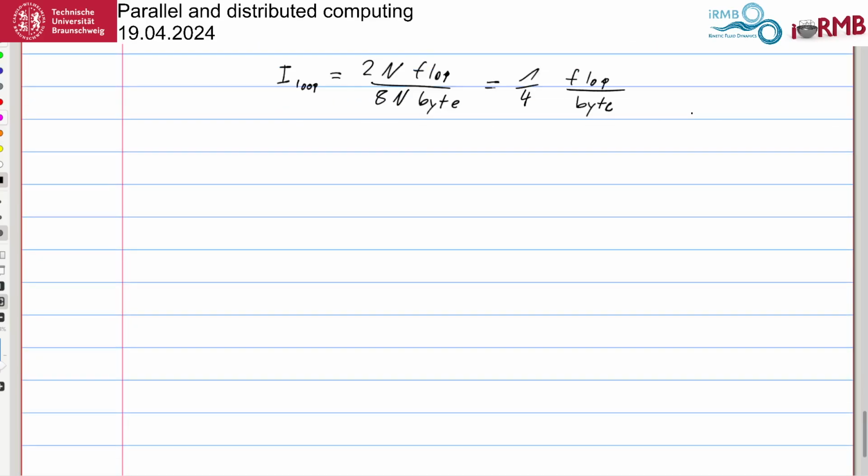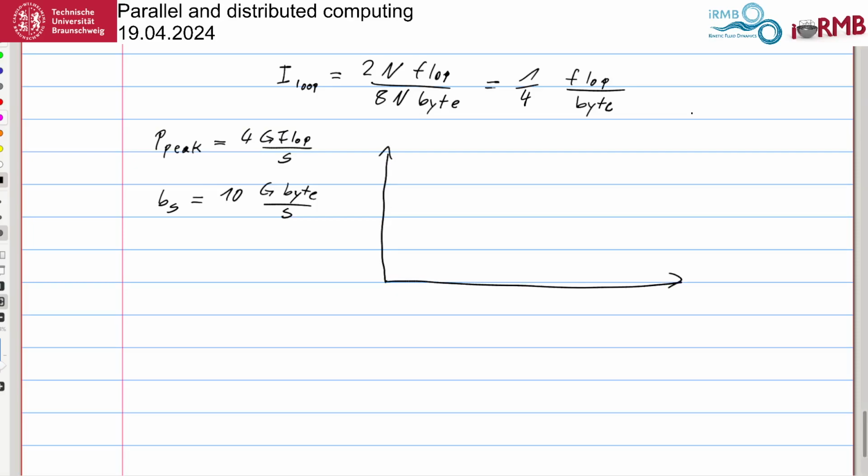And suppose we have a machine with a peak performance of, say, 4 gigaflop per second, and we have a bandwidth of 10 gigabytes per second. Then the picture would, now I have to draw this.